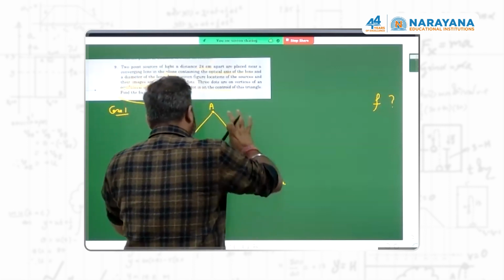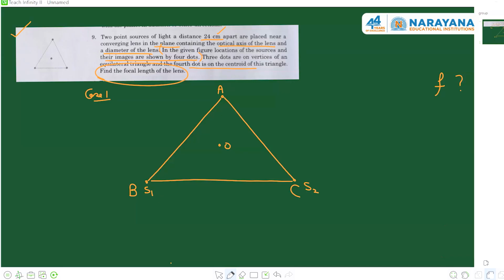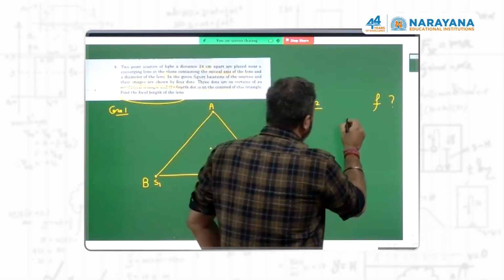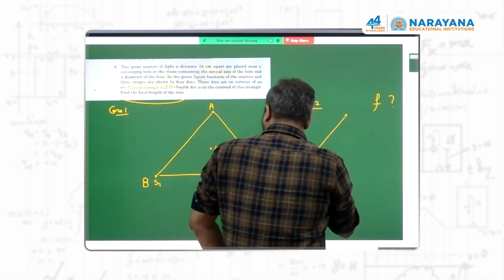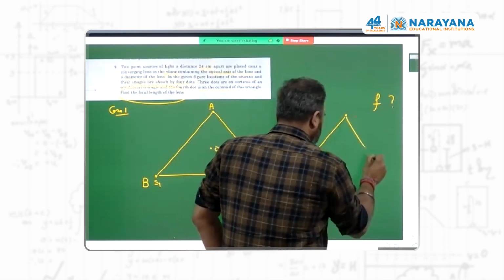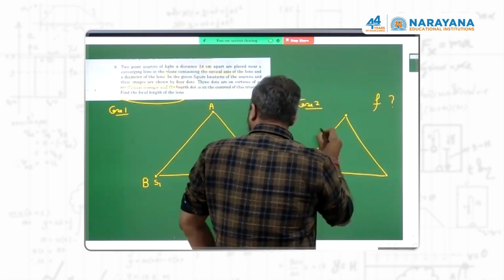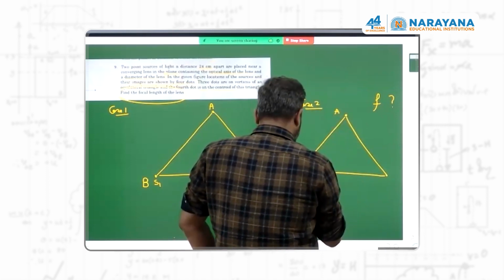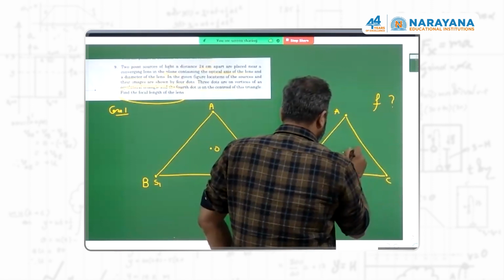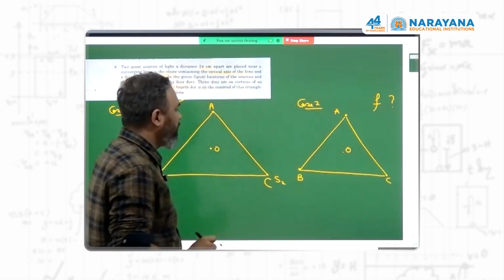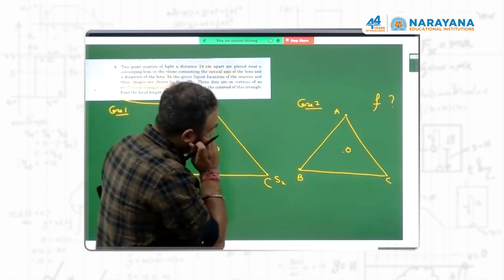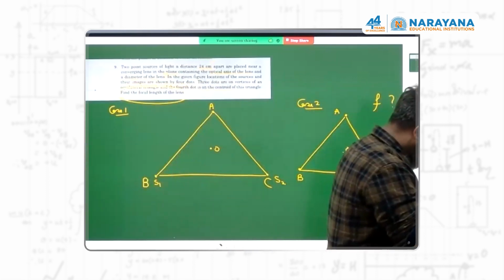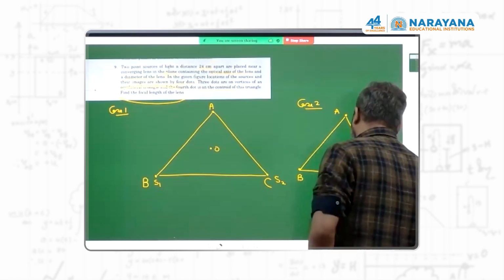As far as the orientation is concerned, it does not matter which of them is S1 and which is S2. Logically, there is circular symmetry, right? And case 2, in this case, seems to be a possibility where, if this is the equilateral triangle A, B, C, and this is the centroid, let's say O. Now in this case, I can have one vertex as the source and the centroid as the other.